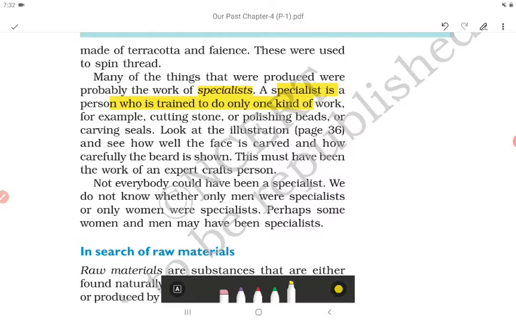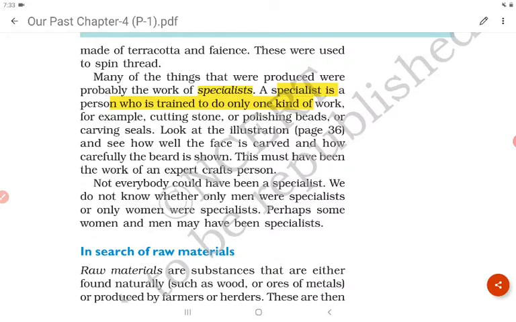Look at the illustration on page 36 and see how well the face is carved and how carefully the beard is shown. This must have been the work of an expert craftsperson. Not everybody could have been a specialist. We do not know whether only men were specialists or only women were specialists. Perhaps some women and men may have been specialists.